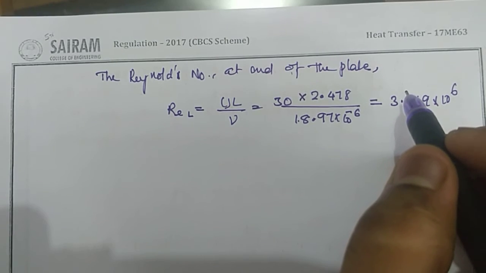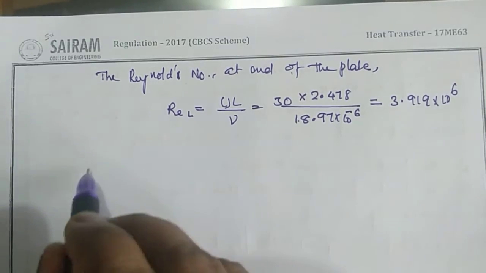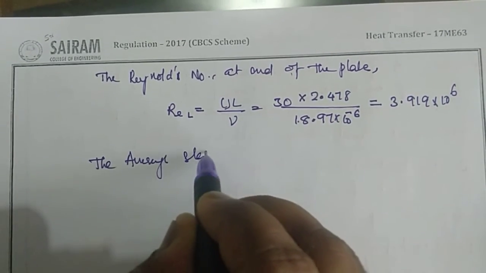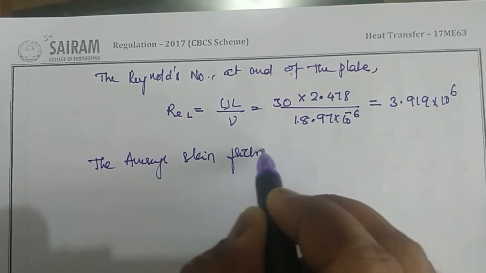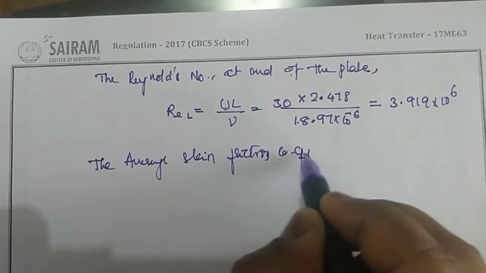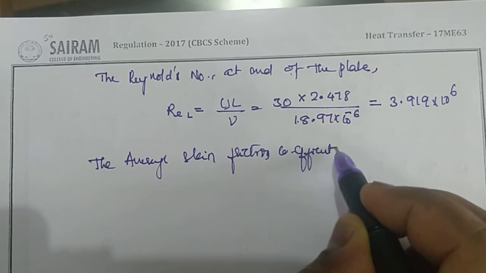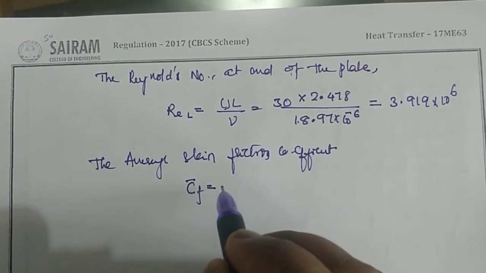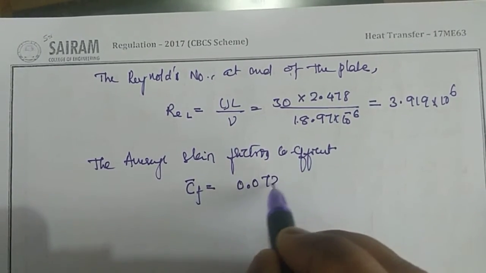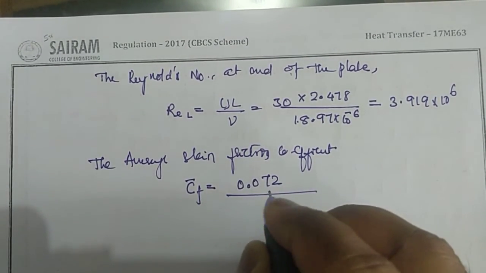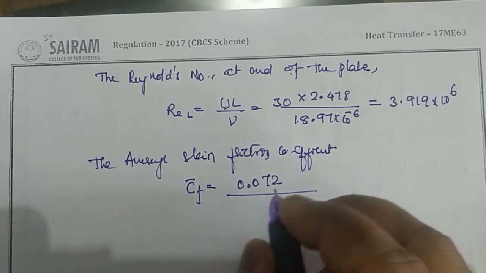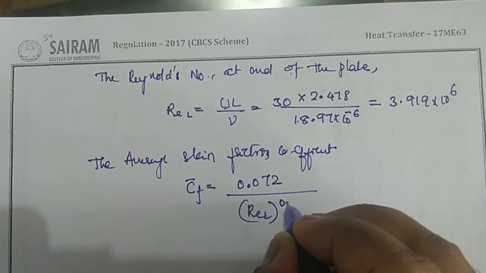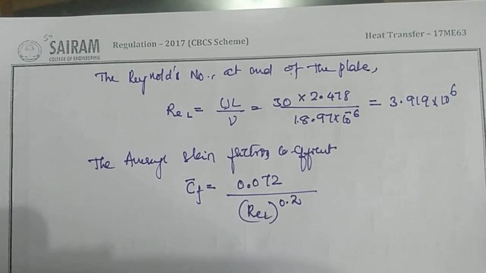Now the average skin friction coefficient, C bar f, is equal to 0.072 divided by Re_L to the power of 0.2.